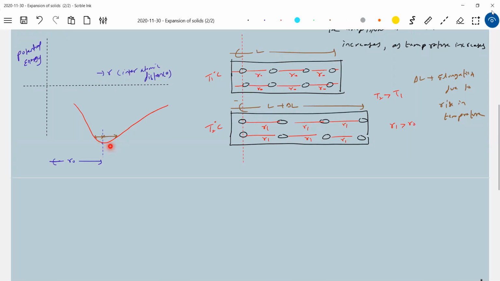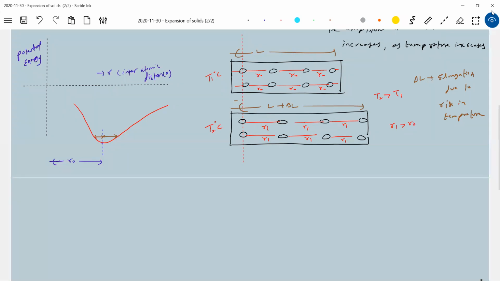This is the primary idea. If the graph is symmetric, you raise the temperature and the body will not expand. Because of the asymmetric curve, that's why there's thermal expansion. All solids will exhibit this property.